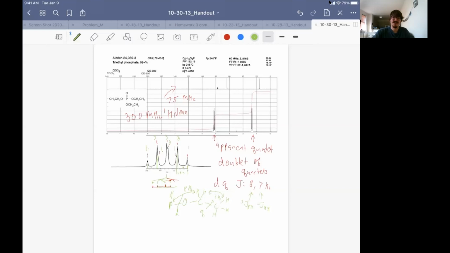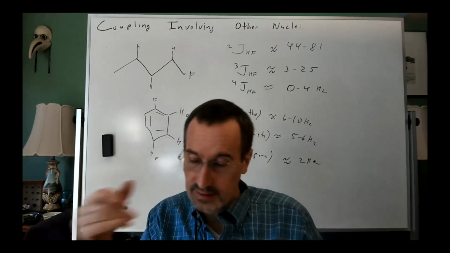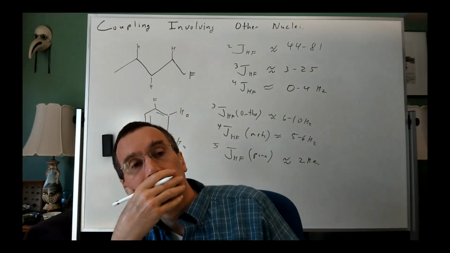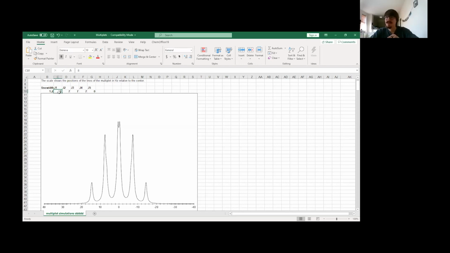James, out of curiosity, I made this splitting pattern in the Excel spreadsheet. Would it be possible if I shared my screen just for 10 seconds to demonstrate? Sure, that would be great. So this is the doublet of quartets that we observe: 1 8 hertz coupling and 3 7 hertz couplings.